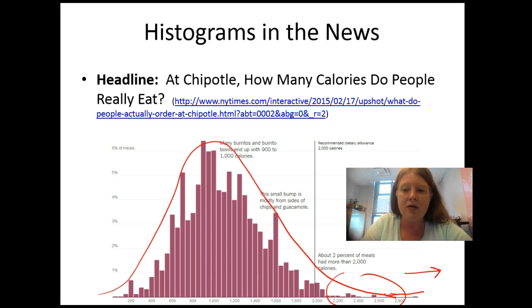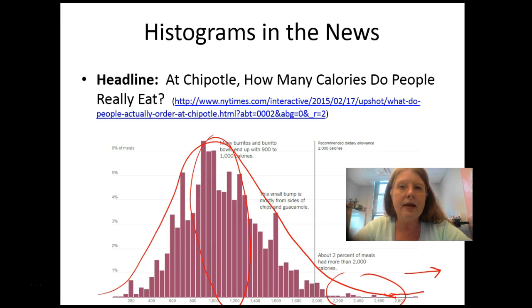But obviously there are some meals that have lots and lots of calories. So that's pulling the tail off to the right, off to the larger values in the data set. Where does the center seem to be? Well, I would say it's probably somewhere in here, somewhere close to maybe 1,000, between 1,000 and 1,200.